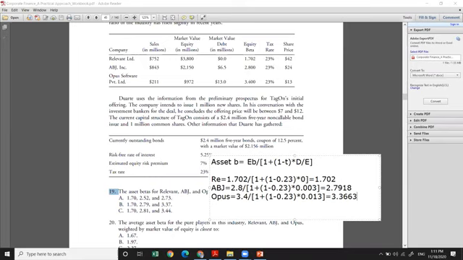This is what I get. So my answer here will be B. They are roughly rounded, okay: 1.70, 2.79, and 3.37. That's what I get.